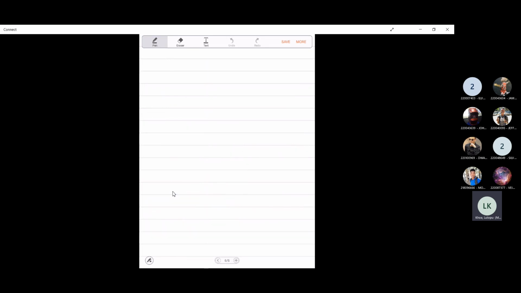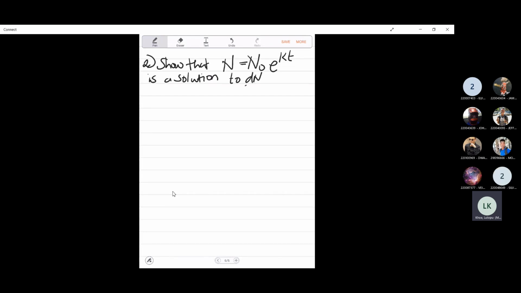Okay, this is another example where we have to show that N is equal to N naught e to the power of kt is a solution to dN dt is equal to kN.